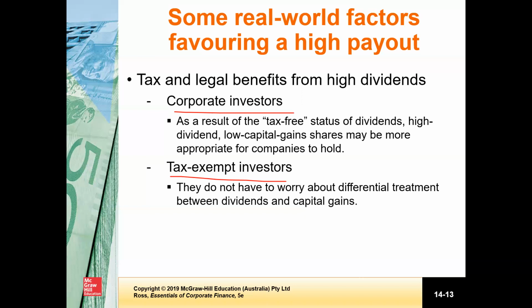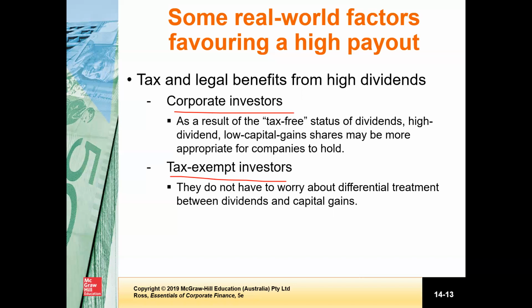Second, institutions such as university endowment funds and trust funds are frequently prohibited from spending any of the principal. And such institutions might therefore prefer high dividend shares, so they have some ability to spend. Like widows and orphans, this group does prefer current income.